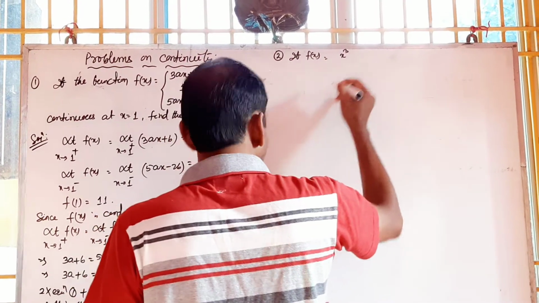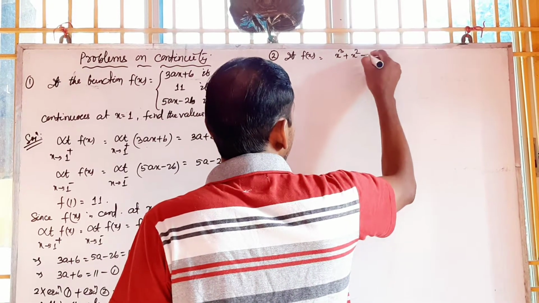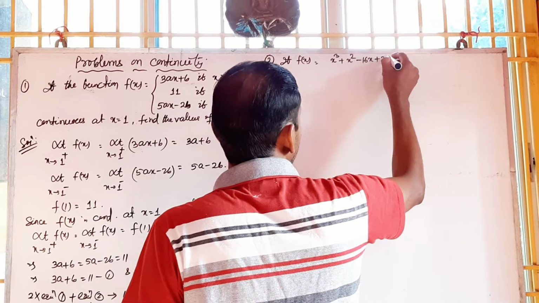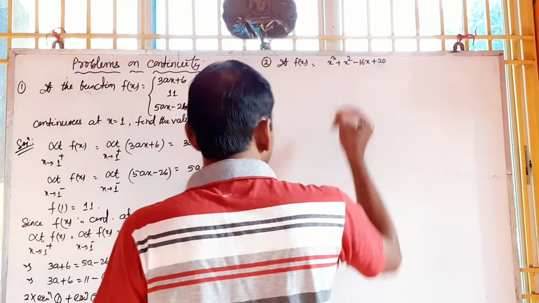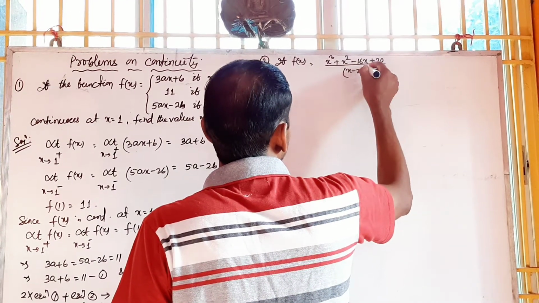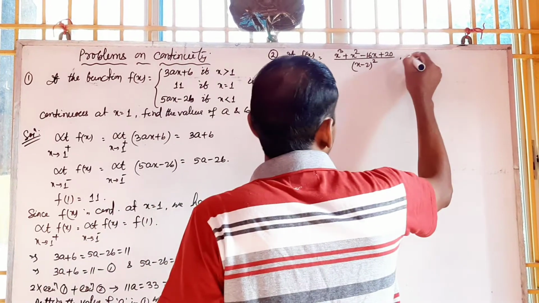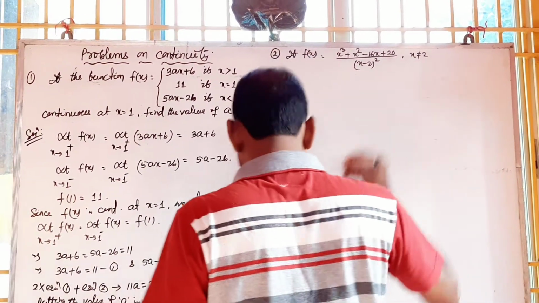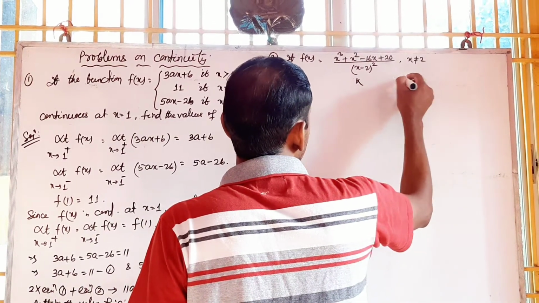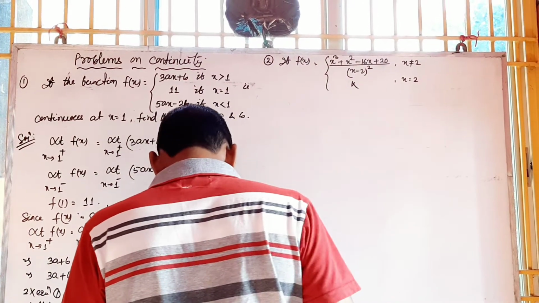Next question: f of x equals x cube plus x square minus 16x plus 20, whole divided by x minus 2 whole square, when x is not equal to 2, and this is k when x equal to 2.